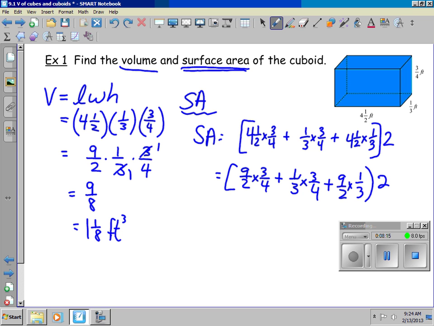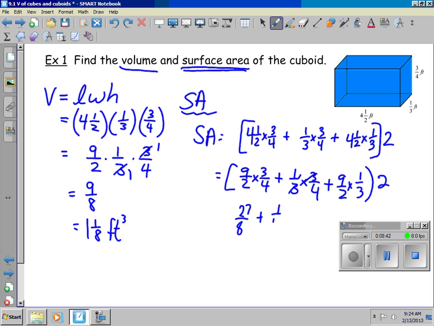So go one term at a time. Looking at this first one, Rhea, is there anything that can cancel? No, so what's the answer there? 27 over 8. Plus, looking at the middle term, anything cancel in the middle term, Najah? So what's the product? 1/4.